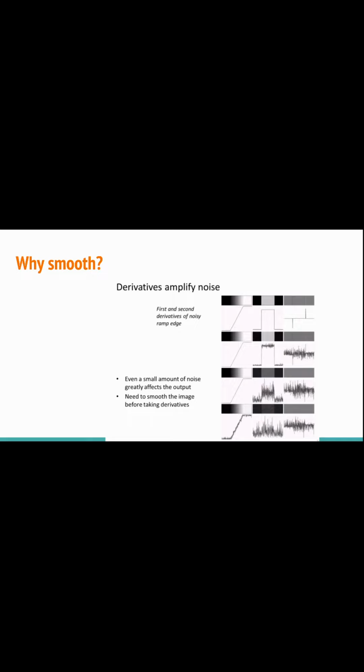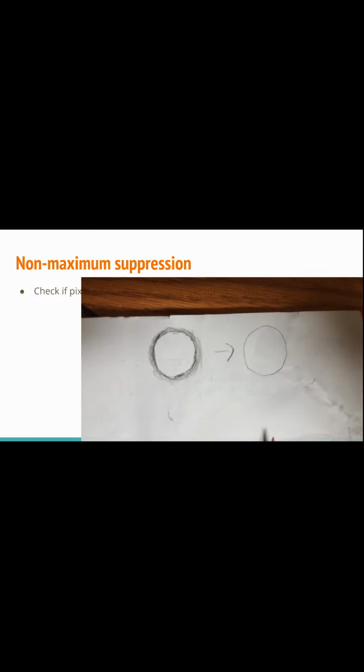So the point here is that noise can be very annoying if you're trying to detect the intensity of gradient. By smoothing the image, we're trying to reduce or remove the noise. That's why in Canny edge detection, at the beginning, it will try to smooth the image.